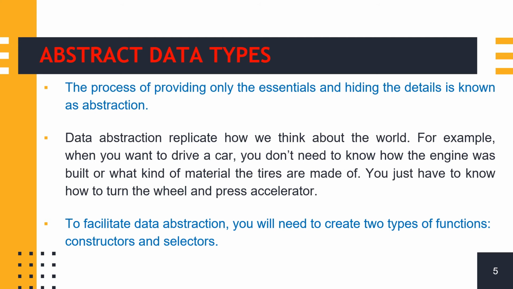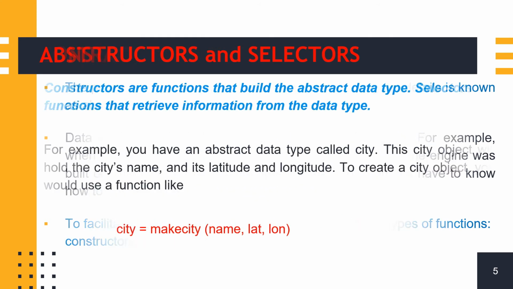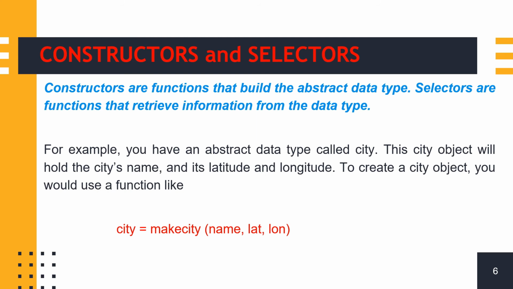To facilitate data abstraction, you will need to create two types of functions, constructors and selectors. Constructors are functions that build the abstract data type. Selectors are functions that retrieve information from the data type. For example, we have an abstract data type called city.